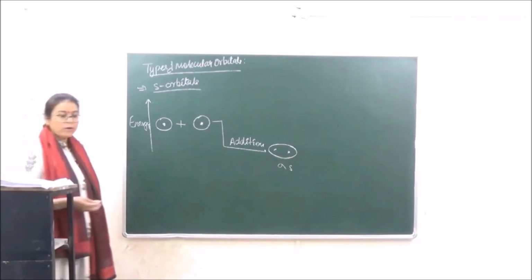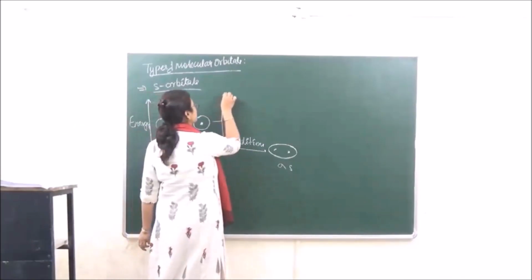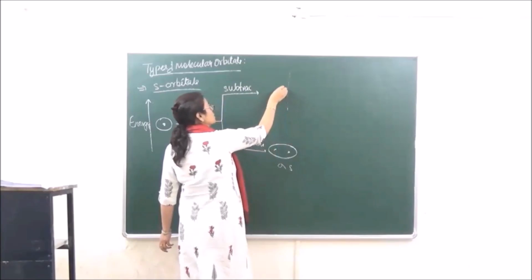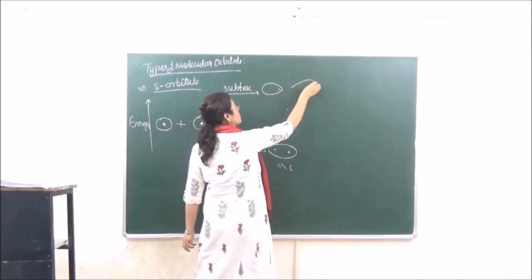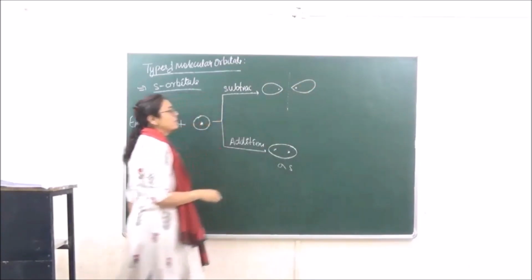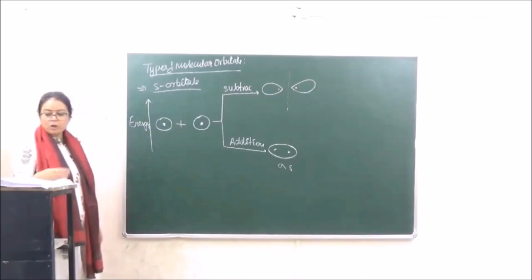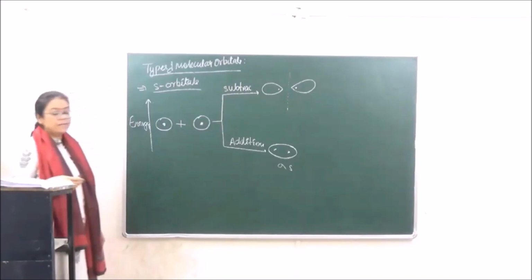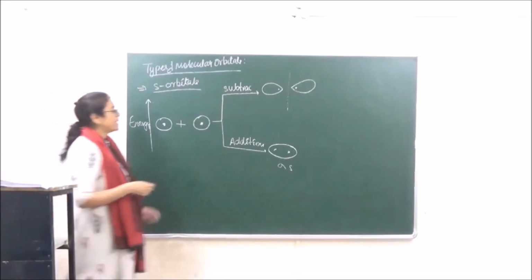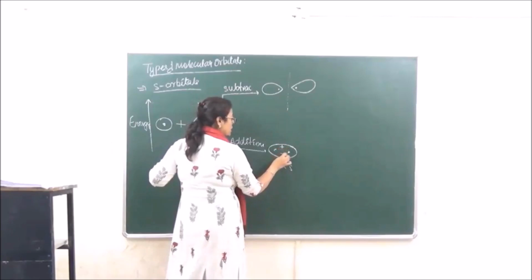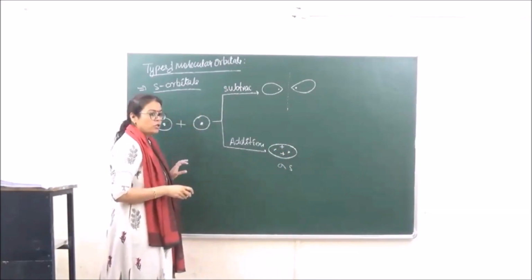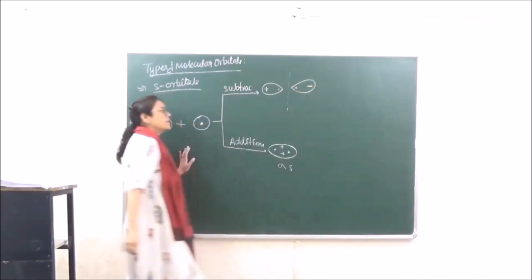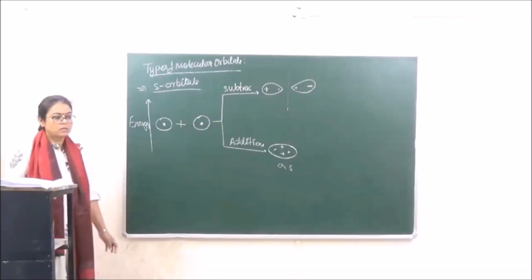Okay? And if there is going to be subtraction taking place, the molecular orbital will have this shape, where the dotted line which we have represented, that is going to be the nodal plane. ठीक है? So यहाँ पे क्या होगा? Both the positive charges will come at the same position, whereas over here one will have a positive charge and the other one that is going to have a negative charge. ठीक है?